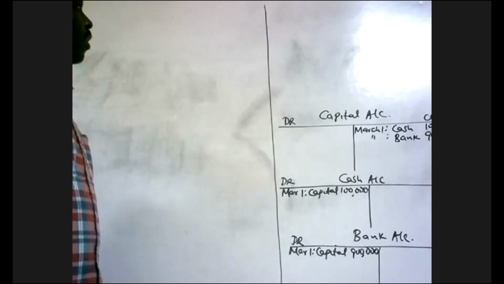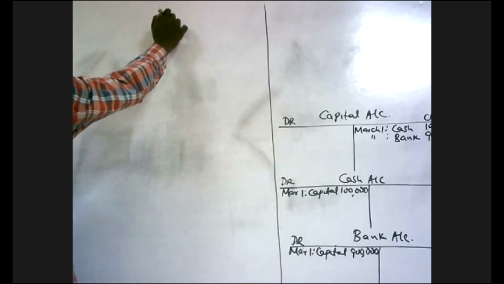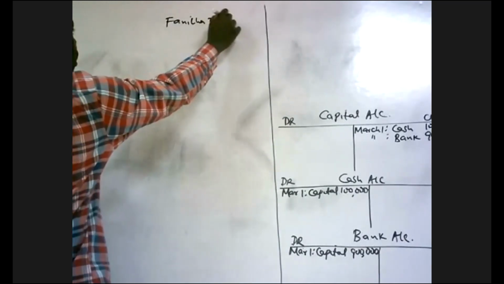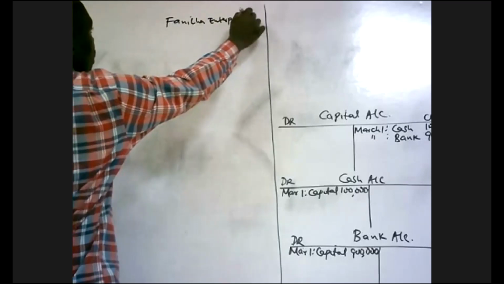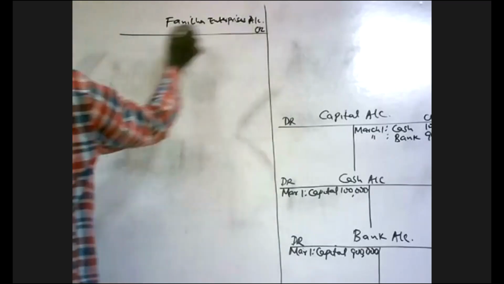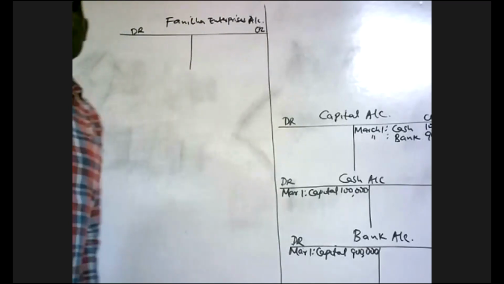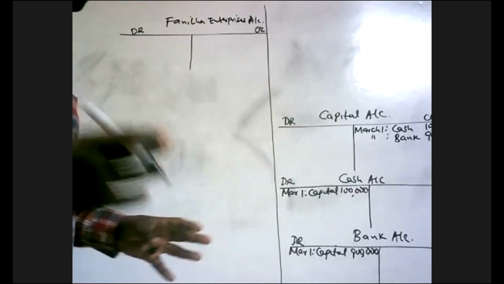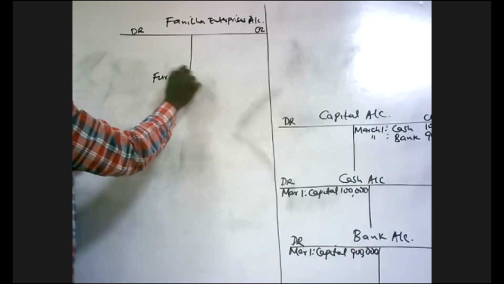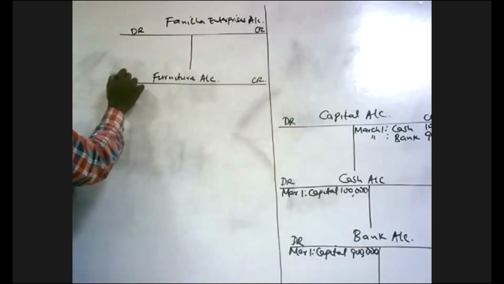So we open the Furniture Limited account and we credit it with 300,000, and then we open a fixtures and fittings account? What did we acquire? We bought furniture. So the furniture account, we will debit it with 300,000. Exactly. What we bought is what we debit.